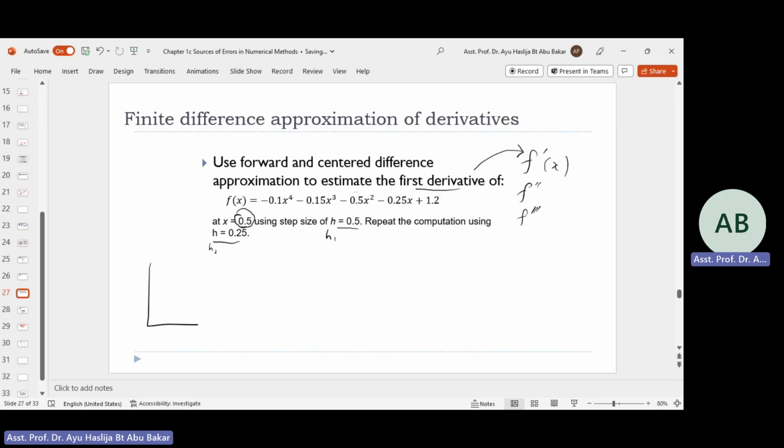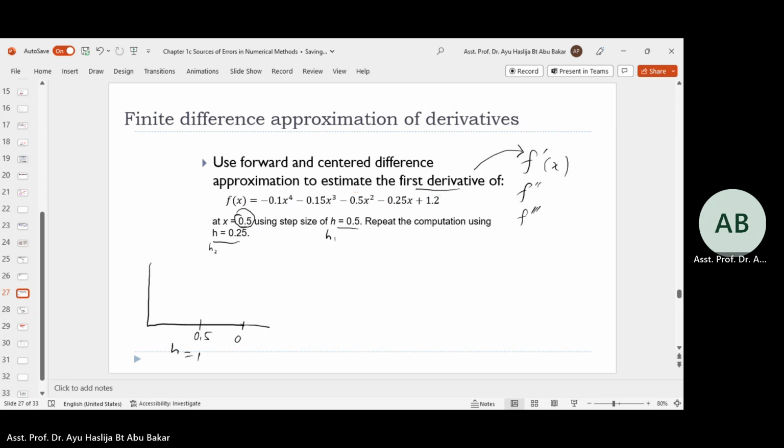For example, we have x over here, h equals 0.5. What is the next point?